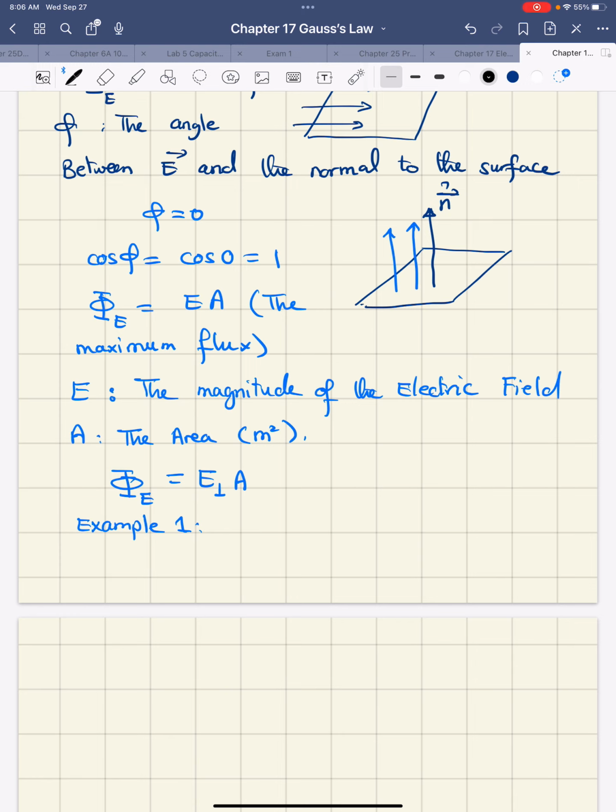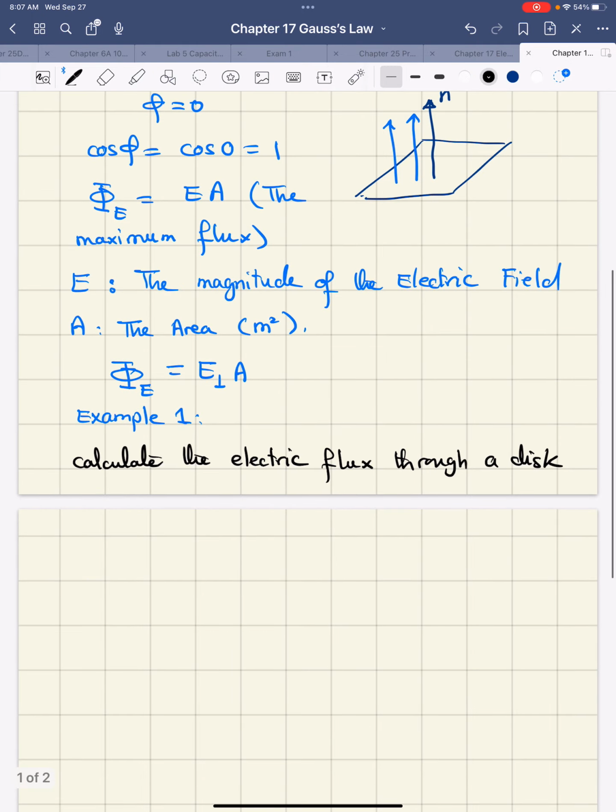Calculate the electric flux through a disk with radius 0.1 meters.